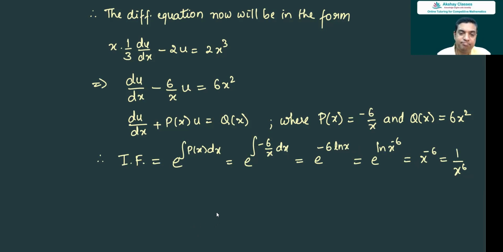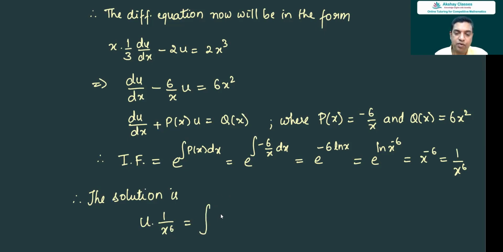Therefore the solution is u times the integrating factor is equal to the integral of the integrating factor times q, that is 6x square in this case.